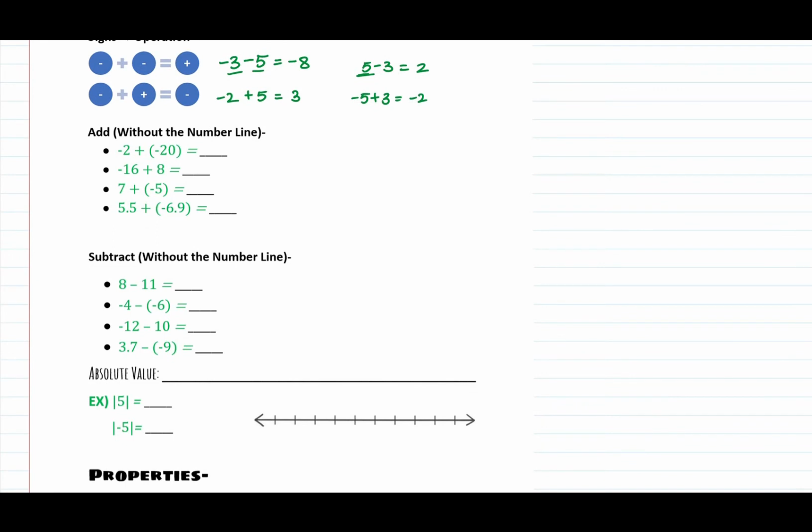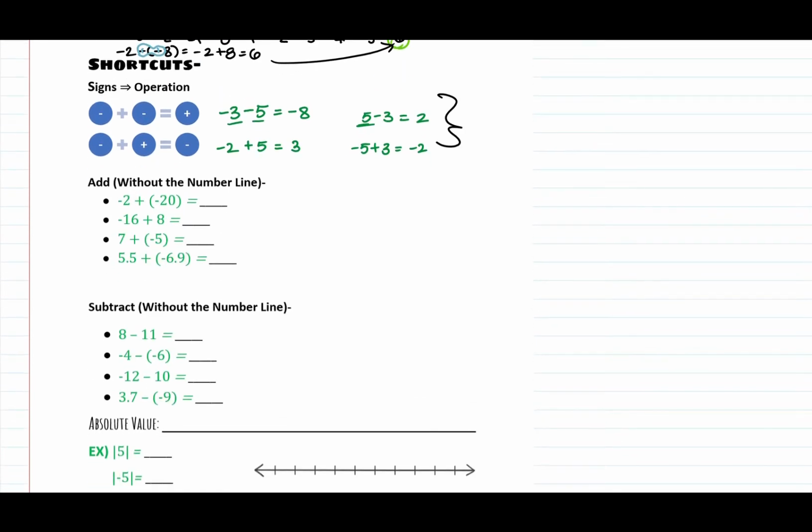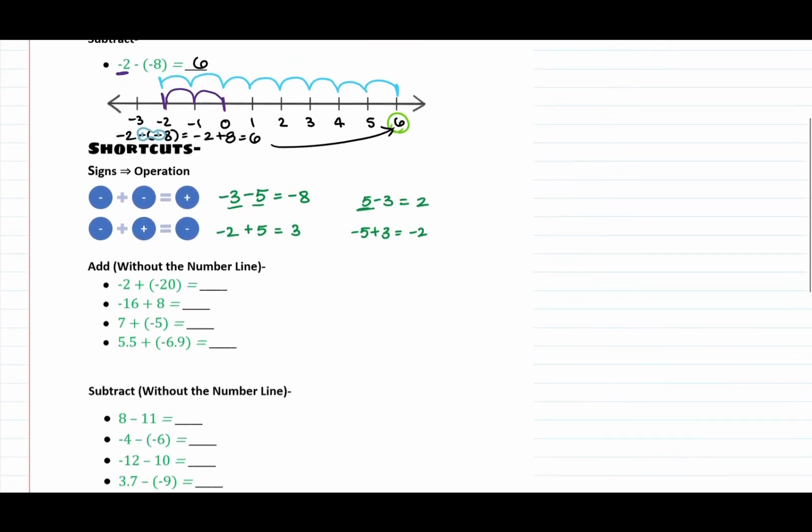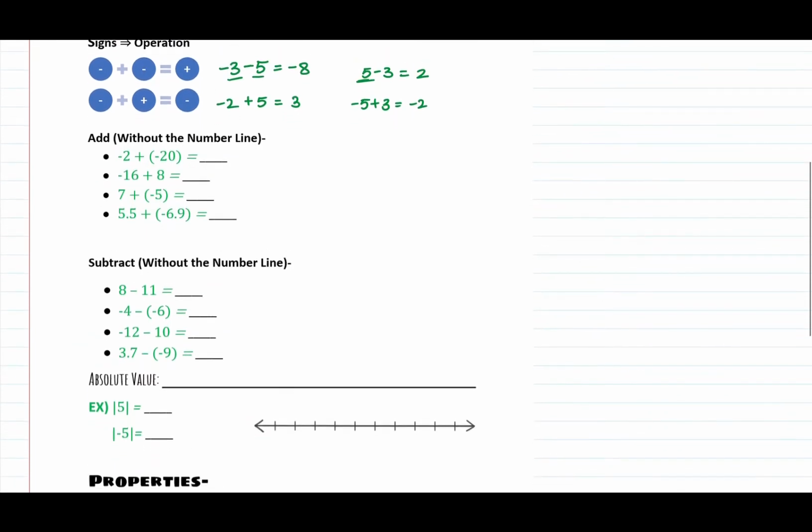Now let's move on to normal addition. From what we just learned, we are going to do these types of problems, and we're no longer going to be using a number line. So -2 plus -20 would get us -22 because we're going to be adding 20 and 2.